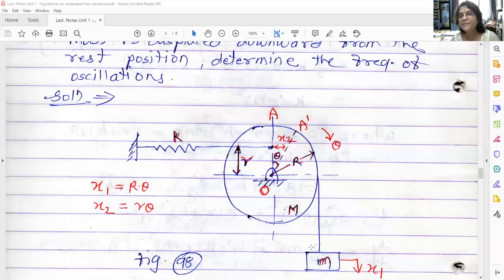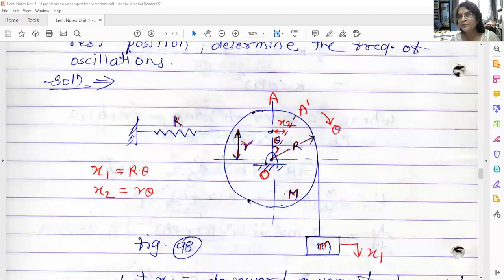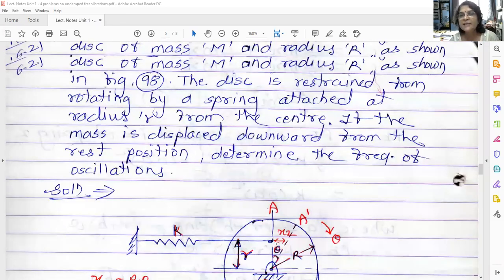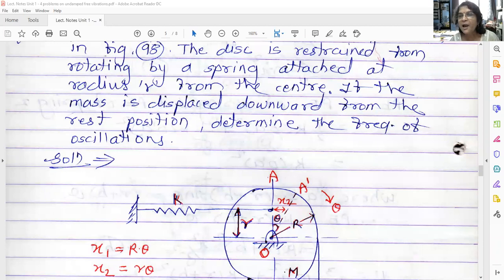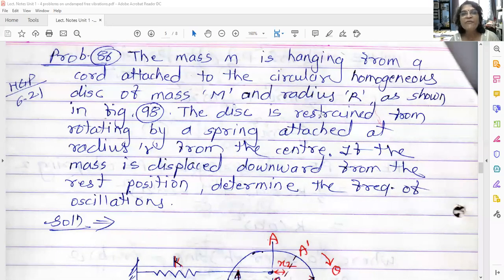See, this is the mass small m which is attached with the help of a cord to this pulley or disc, and this disc is having mass capital M. Okay, and the disc is having radius capital R. So the disc is restrained from rotating by a spring attached at radius small r from the center.